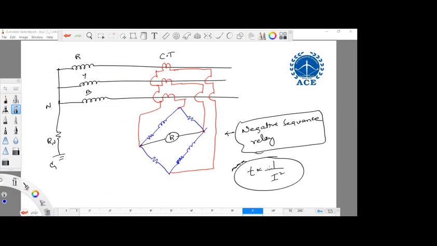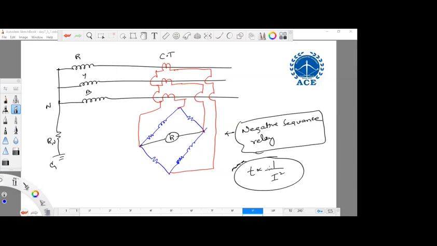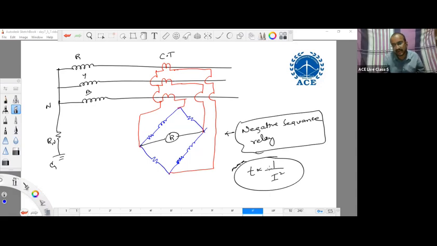Sir, in earth relay, you said that for discrimination of LG fault, we use earth relay. The operation of earth relay is based on neutral current. Okay. Sir, even though there is no fault, if the load is unbalanced, neutral current is present. But that's why we will allow the unbalance only up to 10 to 20%.